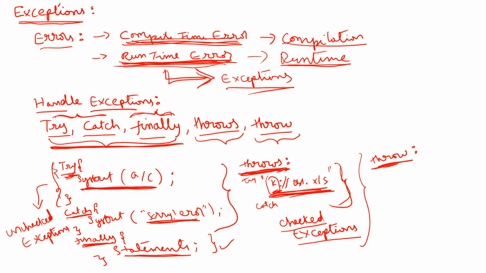For example, let's say I have written a program where I want to verify the age of voters. If the age of the voter is greater than 18, then they are eligible to vote. Otherwise, they are not. So I will say, if age is less than 18, then I would like to throw an exception here.